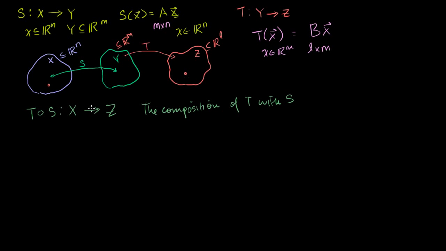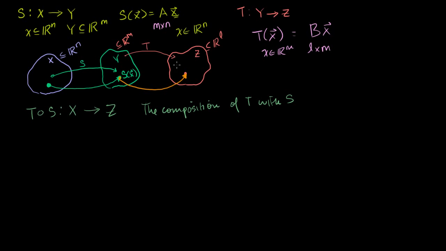But we still haven't defined this. How can we actually construct this? Well, a natural thing might be to first apply transformation S. Let's say that this is our x we're dealing with right here. Maybe the first thing we want to do is apply S, and that'll give us S of x. That'll give us this value right here that's in set Y. And then, what if we were to take that value and apply the transformation T to it, to maybe get to this value?